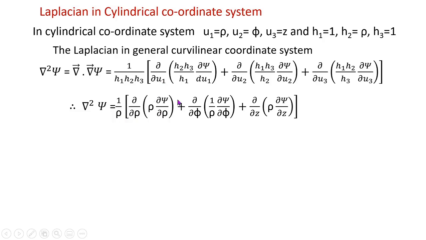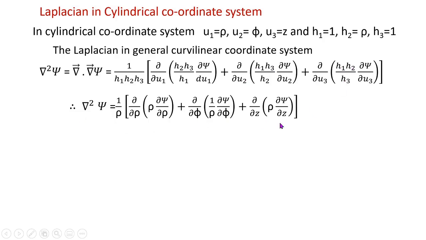For u1 equal to rho, h2 h3 is rho, so we get rho del psi by del rho. Plus, for u2 equal to phi, h1 h3 over h2 is 1 upon rho, and u2 is phi. Here for z, h1 h2 is rho, h3 is 1.